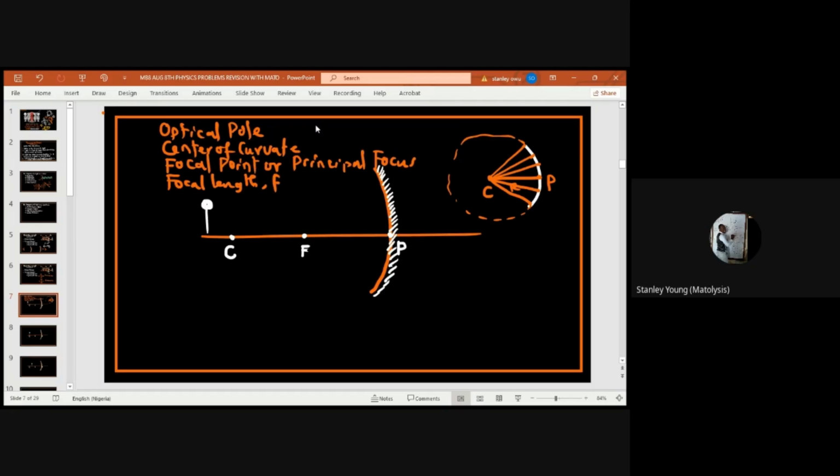And you're also expected to know the radius of curvature. This is the center of curvature here.